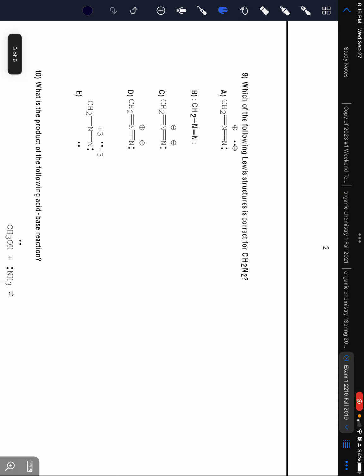Which of the following Lewis structures is correct for CH2N2? So I'm probably going to have a double bond here. Let's see what we can immediately erase. This we can immediately erase.